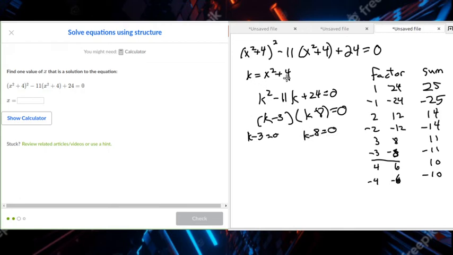And remember, k is x squared plus 4. So I'm going to have x squared plus 4 minus 3 is equal to 0, or x squared plus 4 minus 8 is equal to 0.